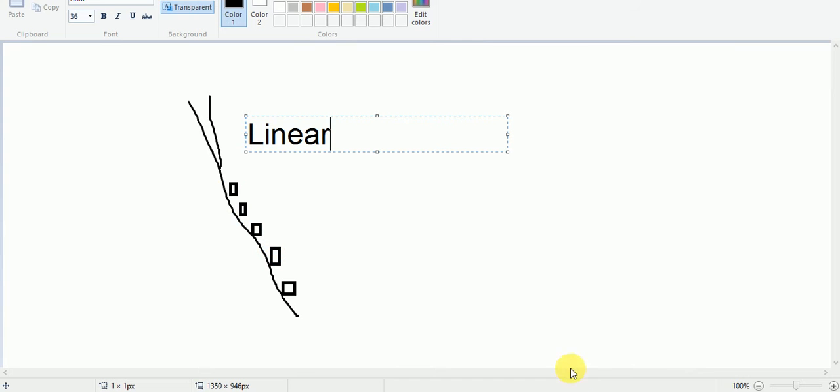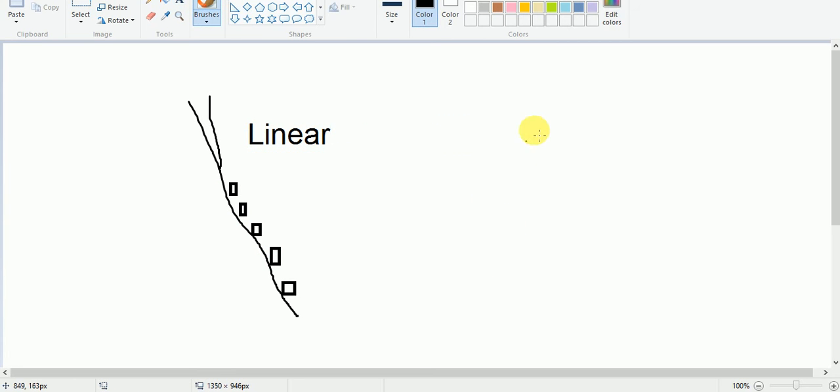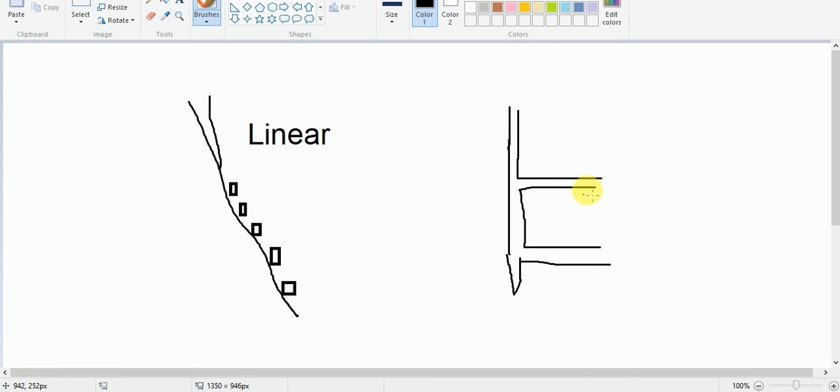So in case of rectangular pattern, see, this is a road. In this case, the roads cut at right angles to each other. Then another road is here, and here also there may be another road, and here also.